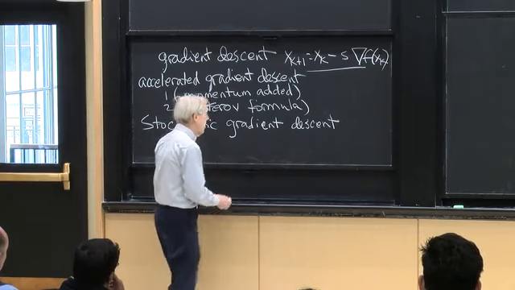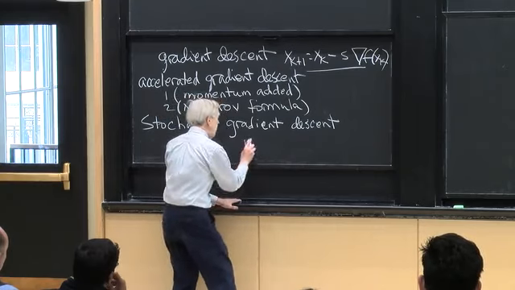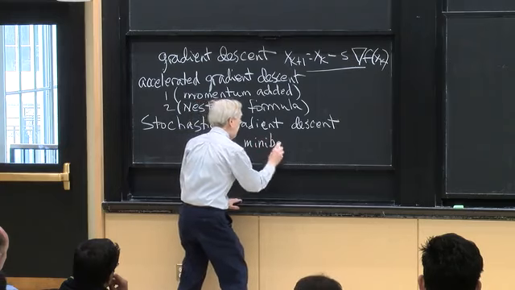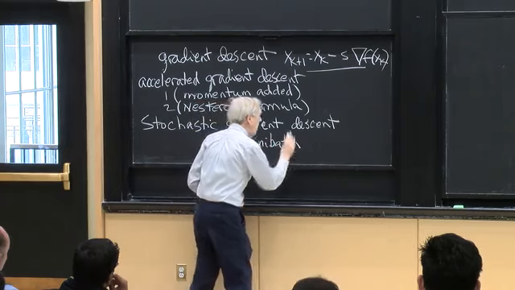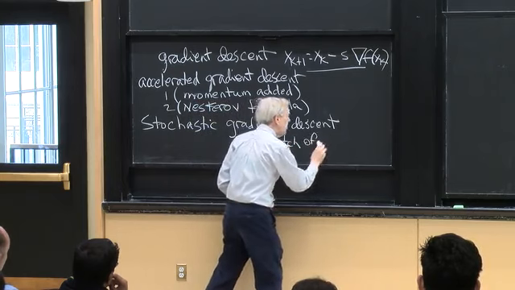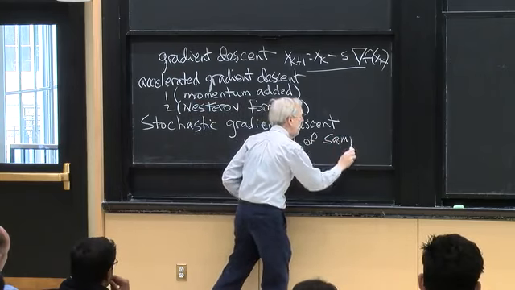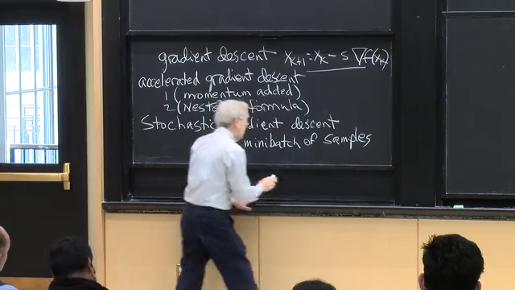So stochastic gradient descent does a mini batch at a time. A mini batch of samples, training data, each step.